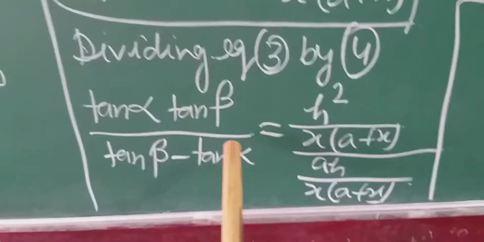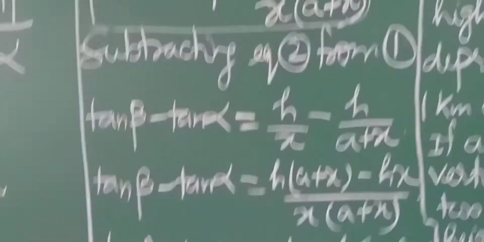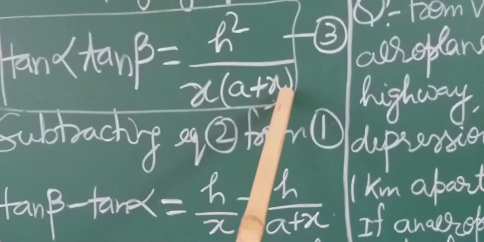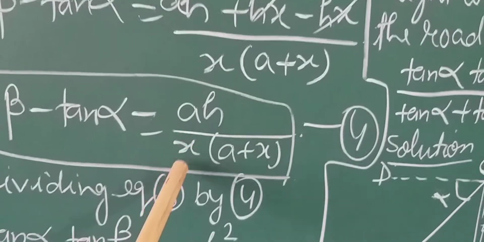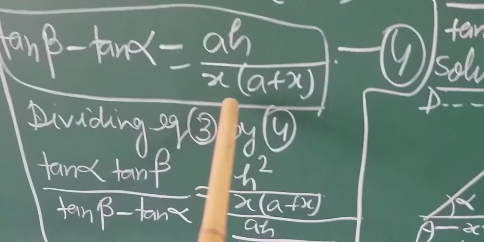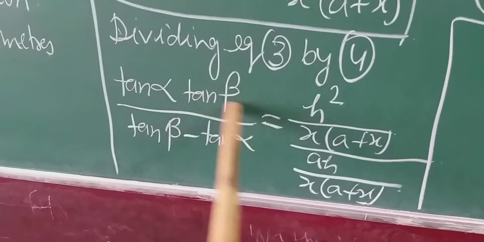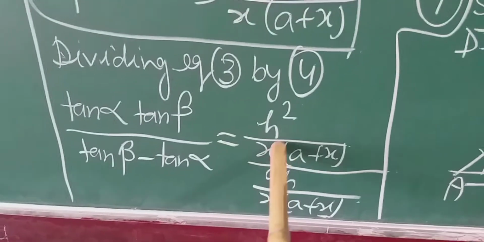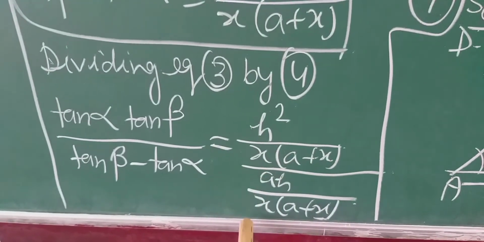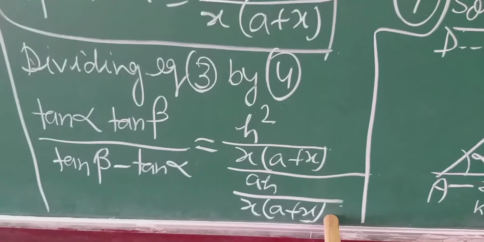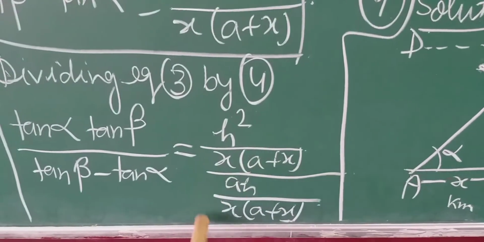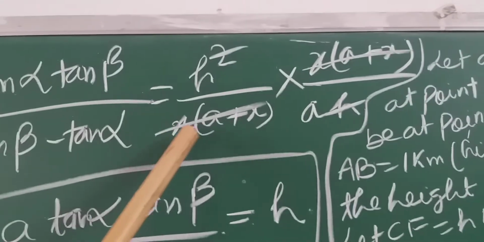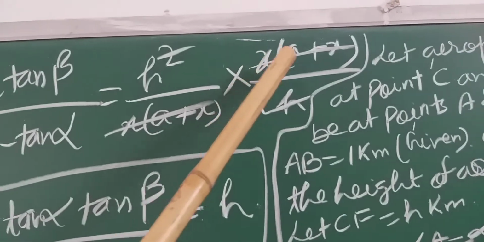So tan alpha tan beta upon tan beta minus tan alpha equals h square x bracket a plus x upon ah upon x bracket a plus x. Okay, so we have to write the reciprocal, both have denominators. So it will become h square x bracket a plus x into x bracket a plus x upon ah.